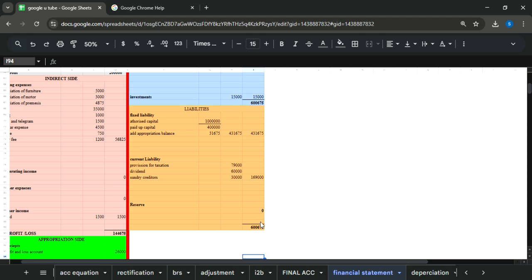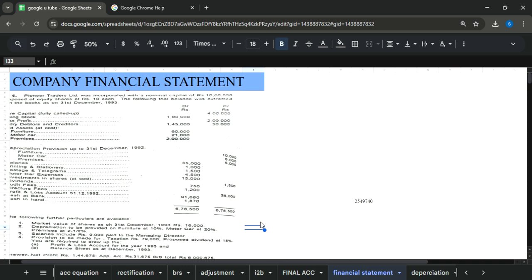It means all parts we have solved. So this was your question where trial balance was given, adjustments were given, and this was related to a company limited by shares. So in this way, answers are there, solution is there.